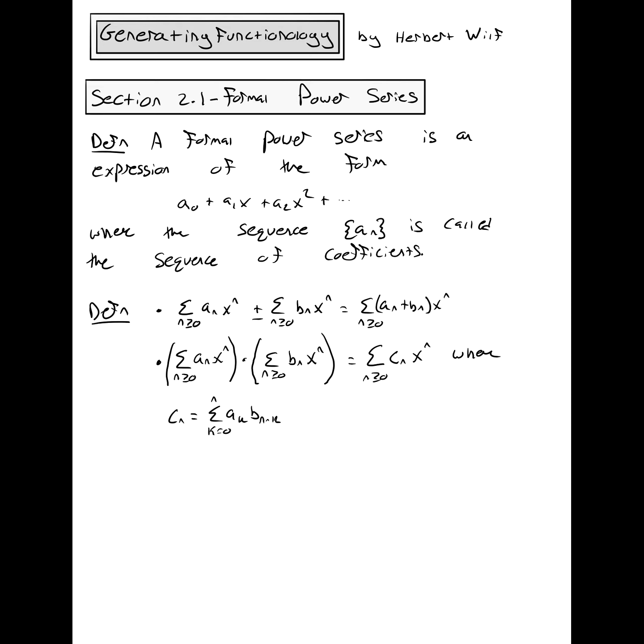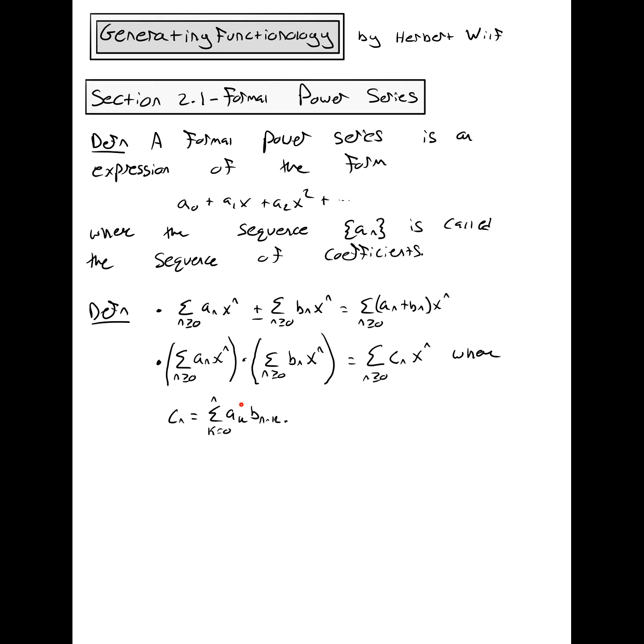And what's the intuition behind this? This almost seems a little random, but it's not. The point is that if we focus just on this a k, then we know for a fact that a k is going to be the coefficient on some x to the k. And b n minus k is certainly the coefficient on some x to the n minus k.